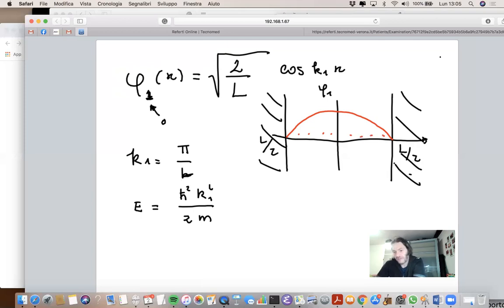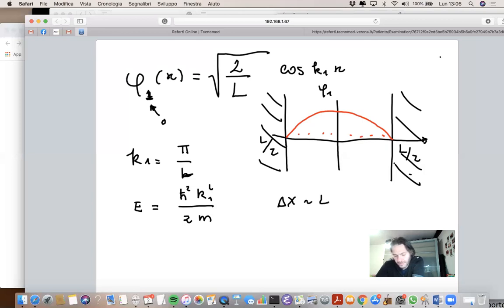The probability is significantly different from zero more or less everywhere. So the typical uncertainty on the position of the particle, delta x, is of order L, right?